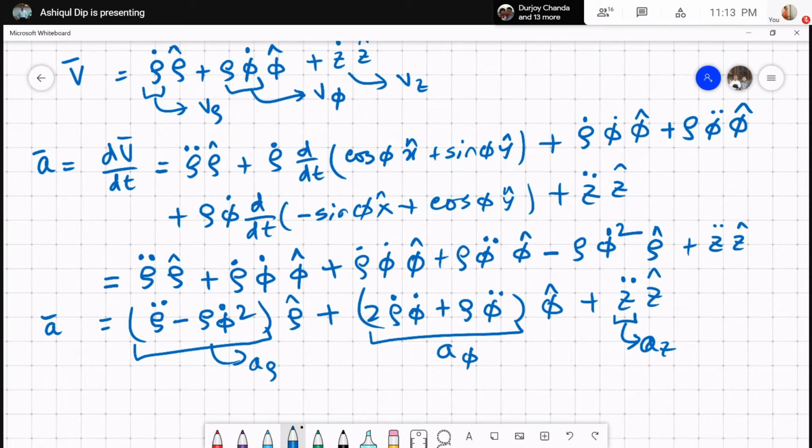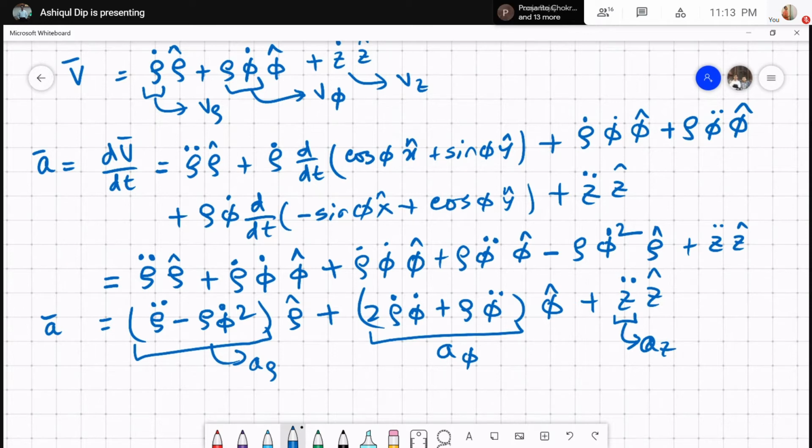So when you have more tendency to rotate, it has less tendency to go out of that cylinder, right?